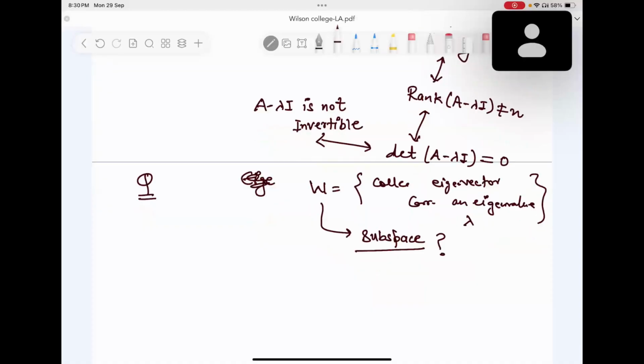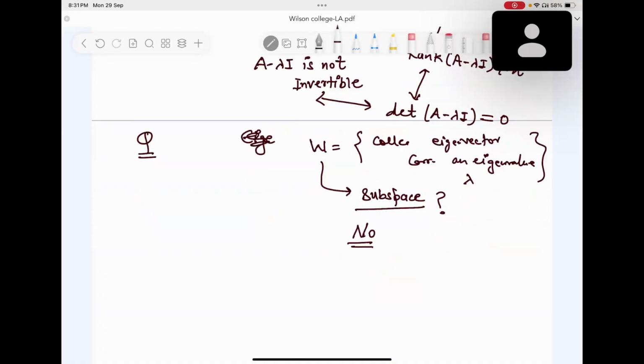Is it a subspace? No, the set of eigenvectors is not a subspace because eigenvectors are always non-zero. The answer is no, it is not a subspace. The reason is 0 does not belong to W.